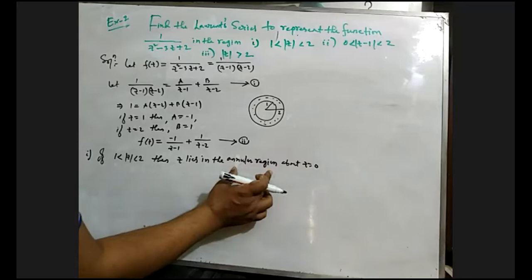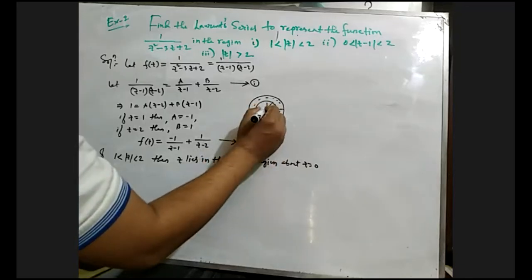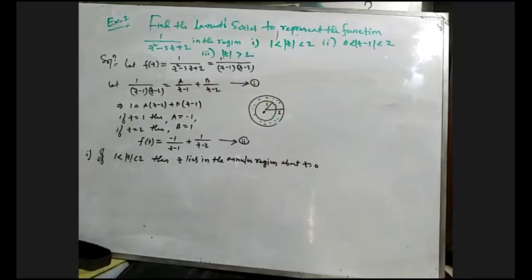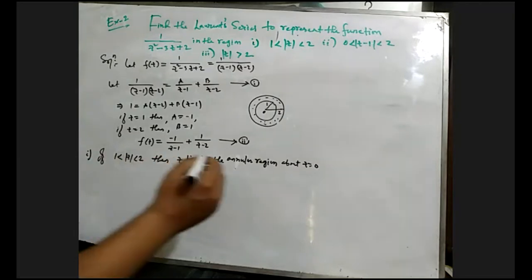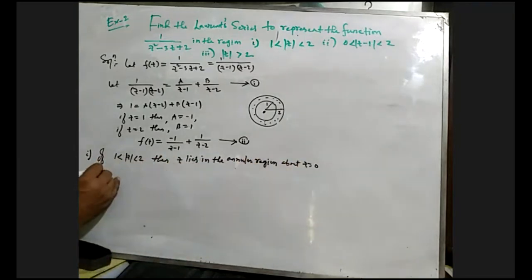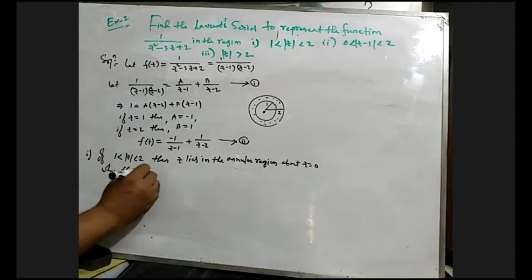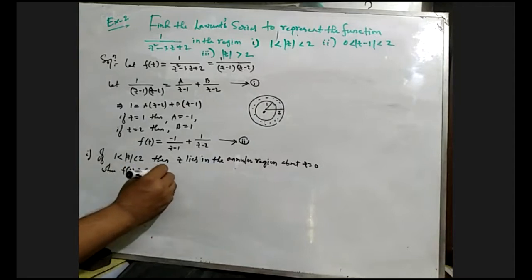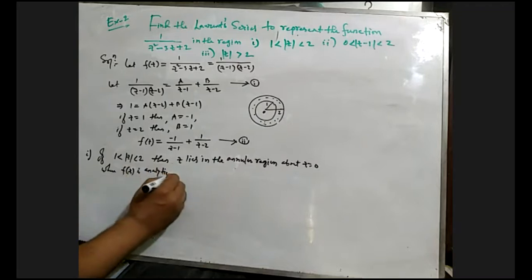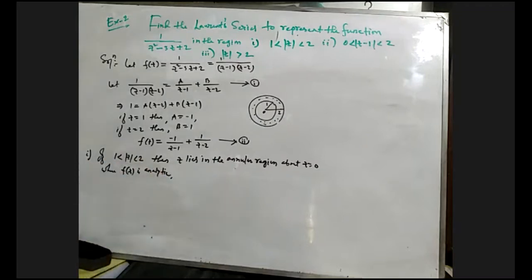This is called the annular region about 0. 0 means the origin, and the origin is the center here. So we have to expand about z equals 0, where f of z is analytic. The first precondition is that the function must be analytic.